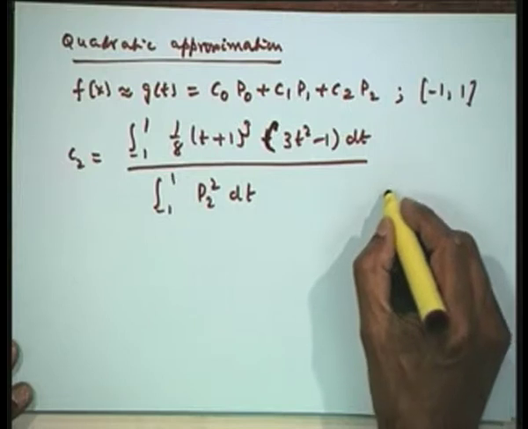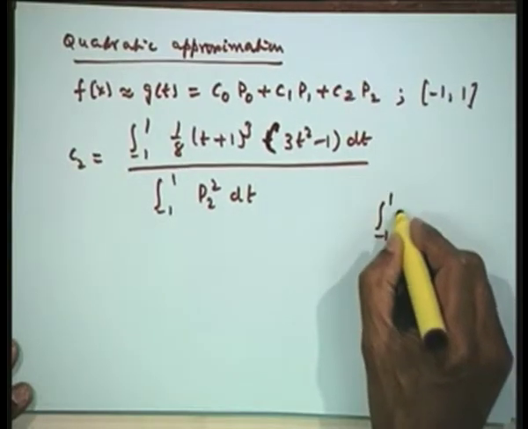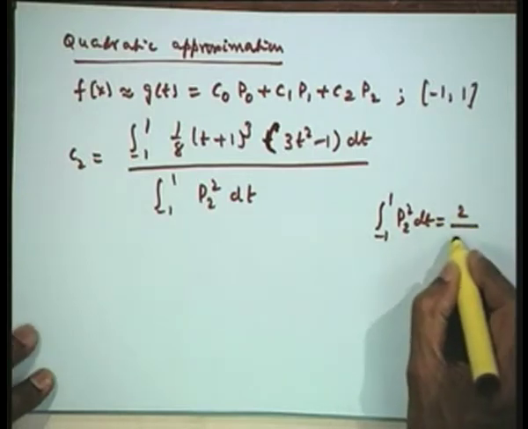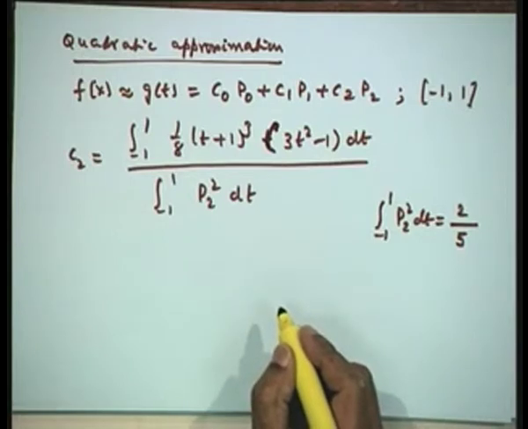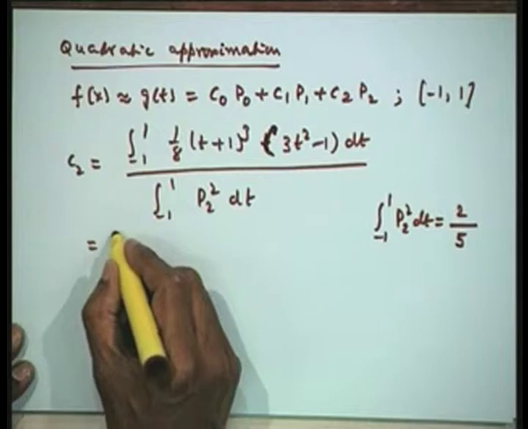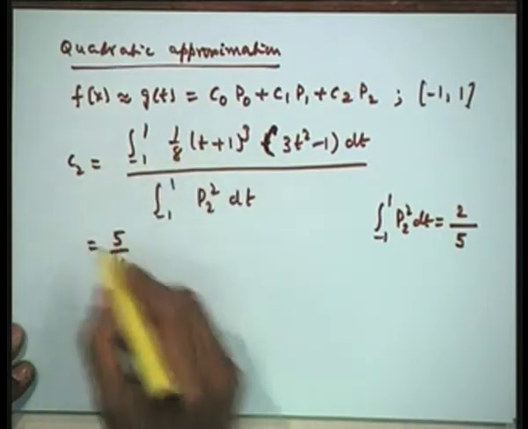Now, the denominator value: we know the value of the integral from -1 to 1 of P2 squared dt is 2 upon 2n plus 1. N is 2, that is 4 plus 1, that is 5, so 2 by 5. Therefore, this will be simply 5 by 16, this is 1 by 8 outside.